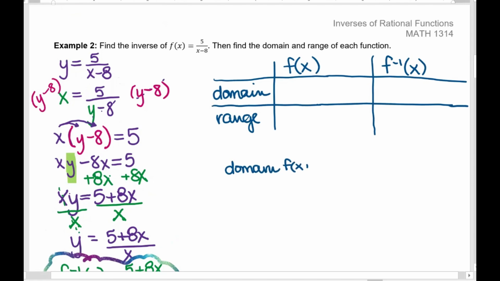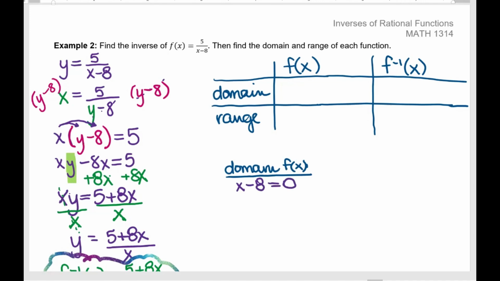We have a rational function, which is your fraction on steroids. Remember, to find the domain of a rational function, we're going to take the denominator, set it equal to 0, and solve.